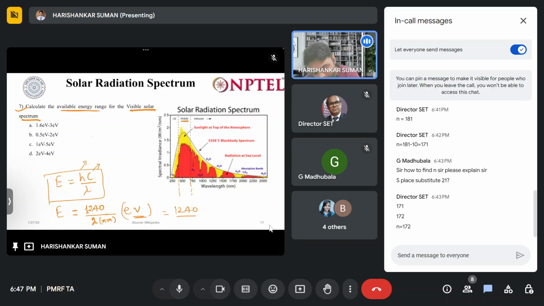So first, lambda for visible. Let's say 400 nanometer, and this is the minimum. Lambda max, you can take 700.